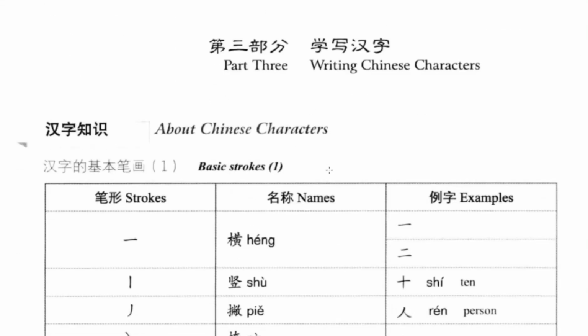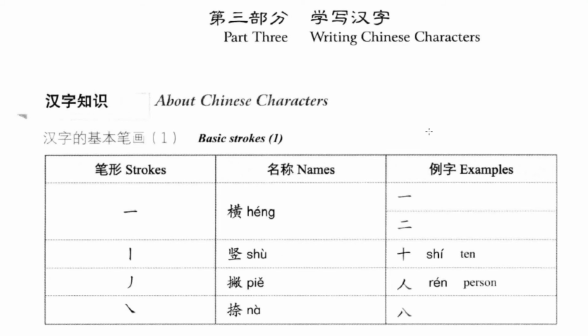And part 3, writing Chinese characters. In this part, I think it's a long journey. Yeah, for me, also a long journey. Because in China, when a little kid learns how to write Chinese characters, they need maybe more than 2 years to write the basic ones.